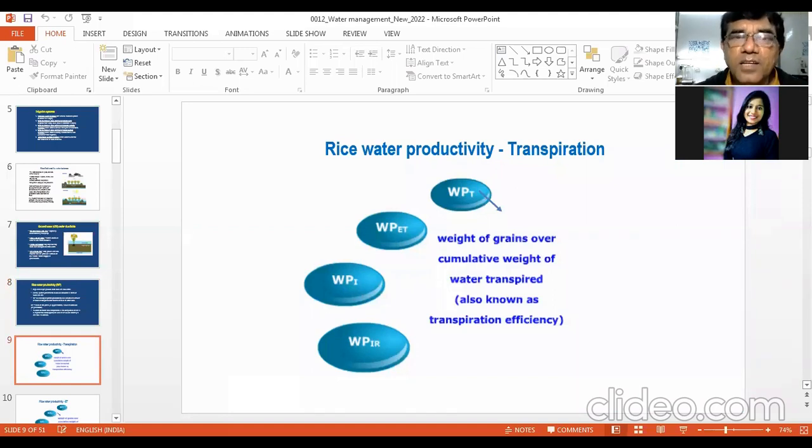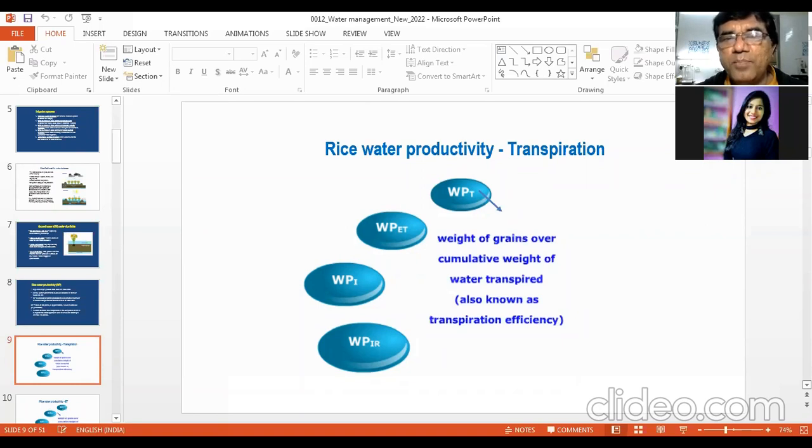Now you can see water productivity. So rice water productivity is considered as partial water productivity. Partial means you have 2, 3, or 4 different kinds of rice water productivity. If they are calculated separately, one by one, then individual is your partial rice water productivity.